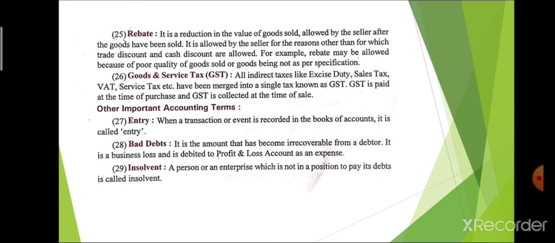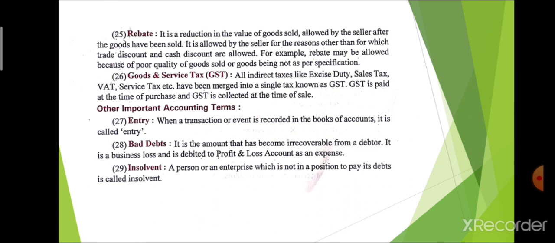Now, the next accounting term is entry. When a transaction or event is recorded in the books of account, it is considered as entry. Bad debts. Sometimes we find that many persons are not agreeing to pay the payment.